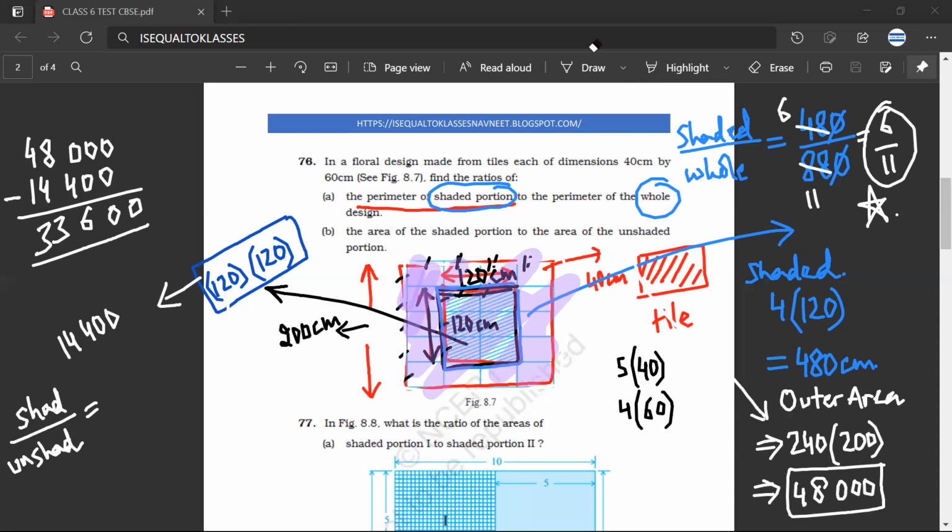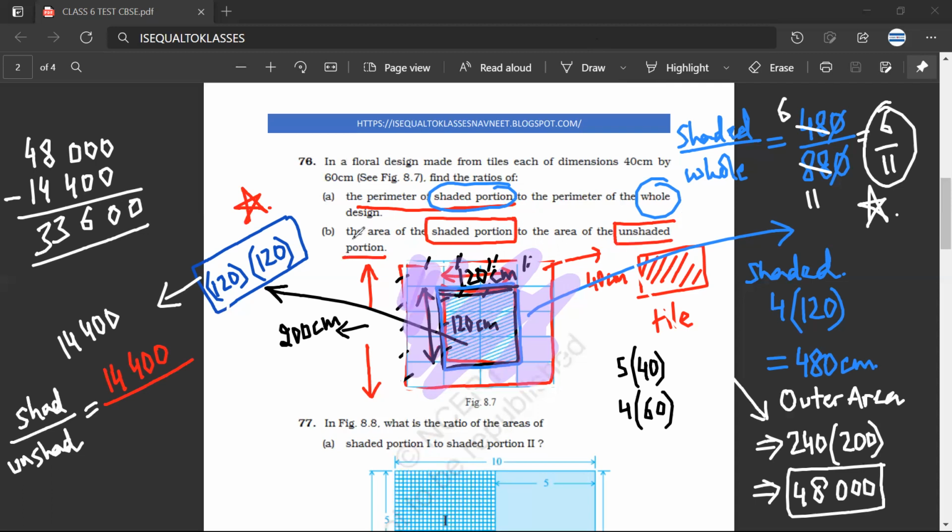Let us first see what do we want. We want the area of the shaded portion. That is 14,400. Satya, is it correct? Yes, sir.